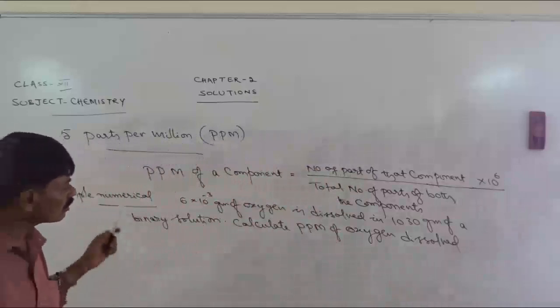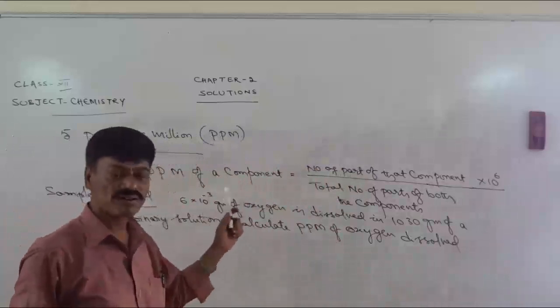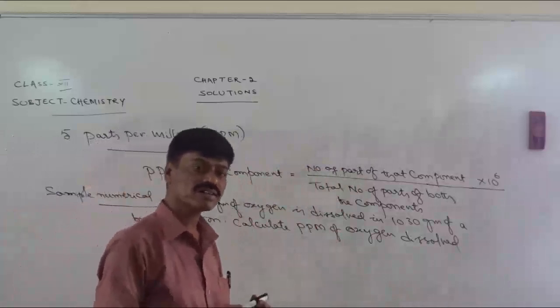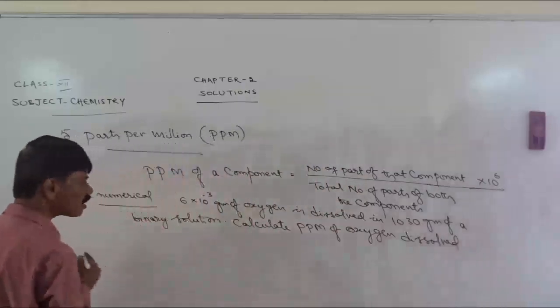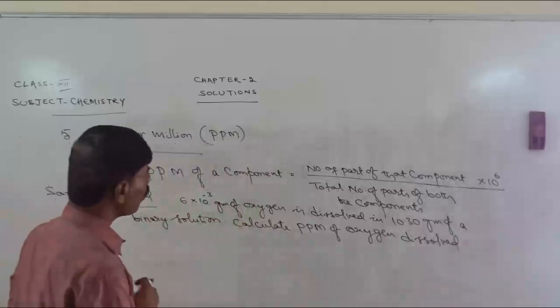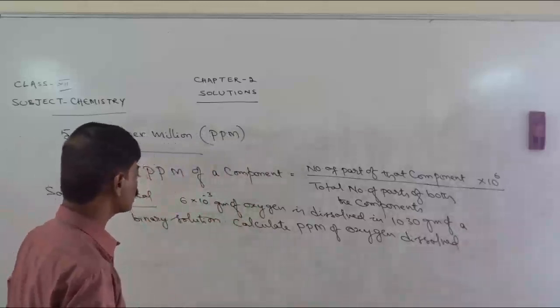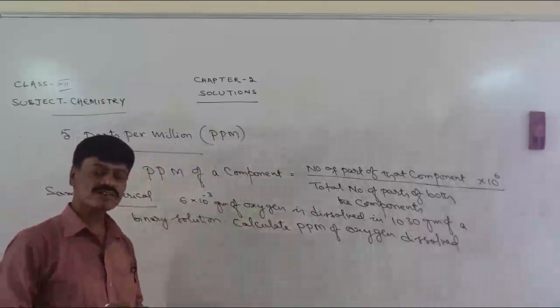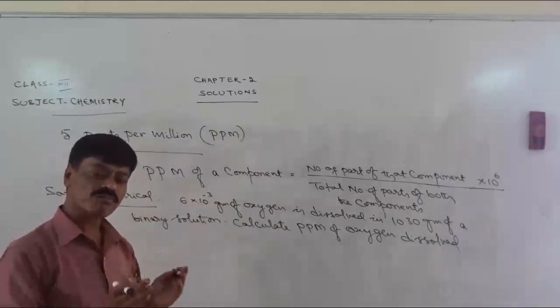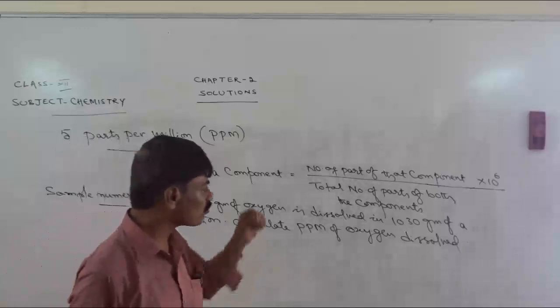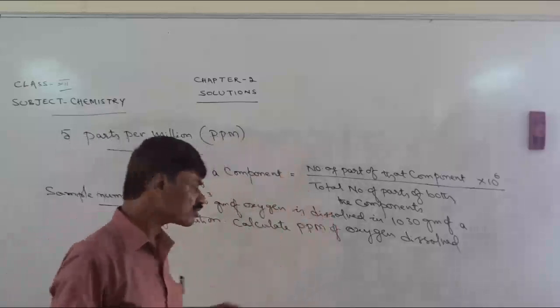When we are discussing the ppm of oxygen, our focus will be on the amount of oxygen dissolved in the water. Now, the ppm of oxygen we need to calculate. Here, the mass of oxygen is 6 into 10 raised to minus 3. The mass of both the components, solute and solvent together, that is the solution, is equal to 1030 grams.